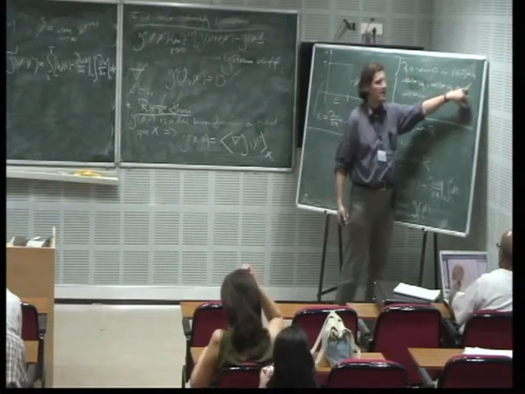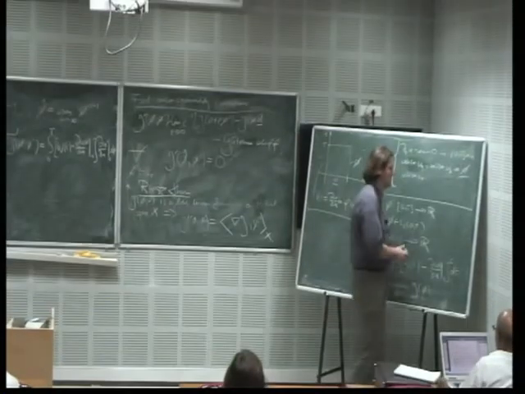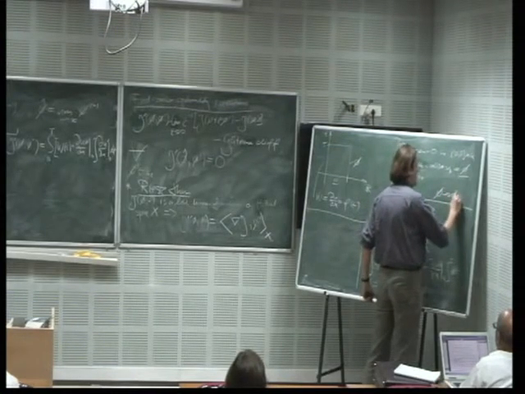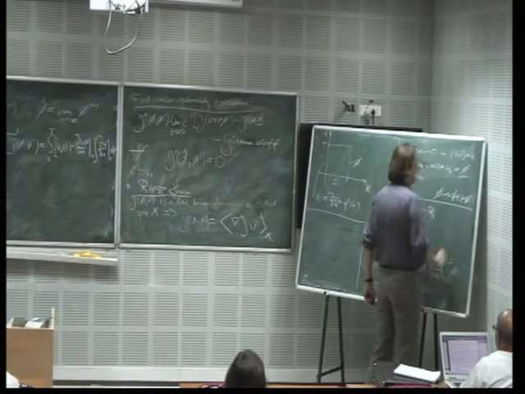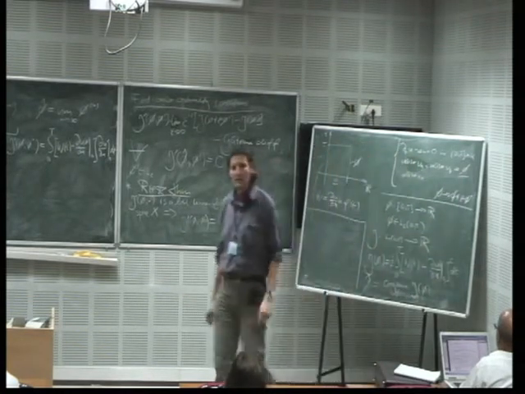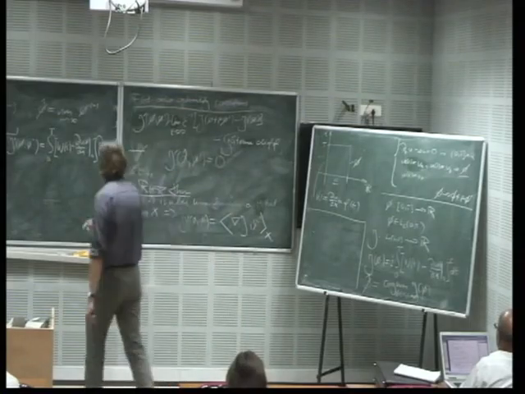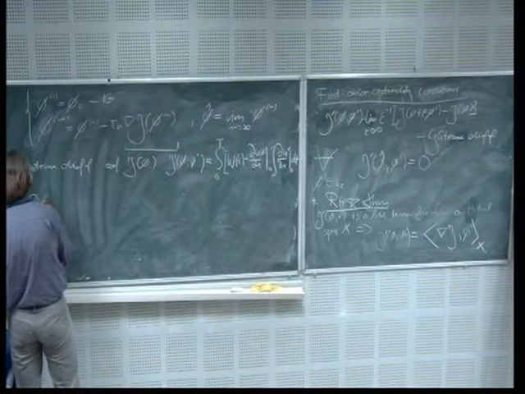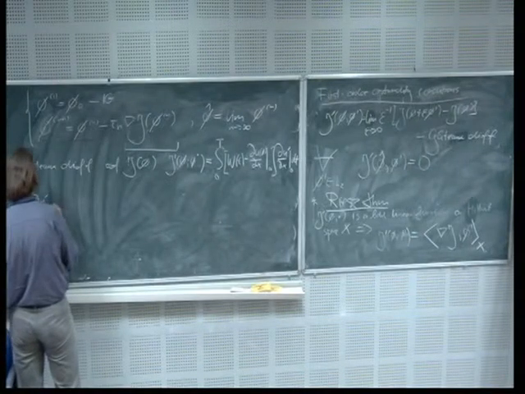Well, we simply substitute phi plus epsilon phi prime for phi, and then just collect leading order terms in epsilon. So when we do this, the governing equation for u prime will have the following form.